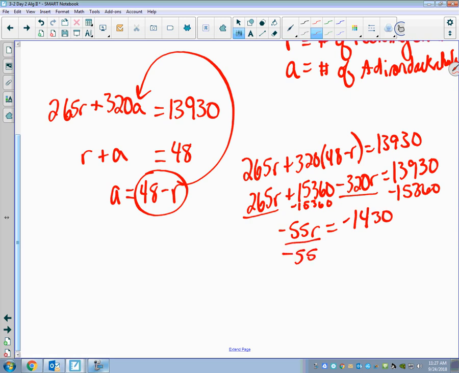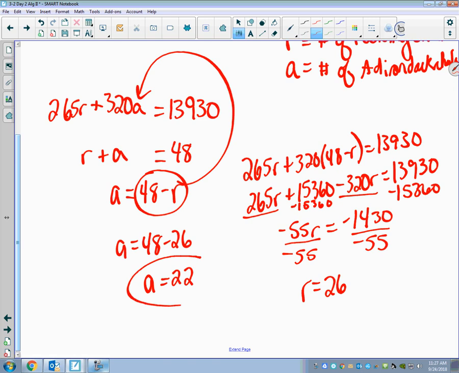So I'm going to divide by negative 55, which is good because it's going to cancel out the negative. And I get that they sold 26 rocking chairs. And since I know there were just 48 altogether sold, that's where I can take 48 minus 26 to get 22 Adirondack chairs sold.